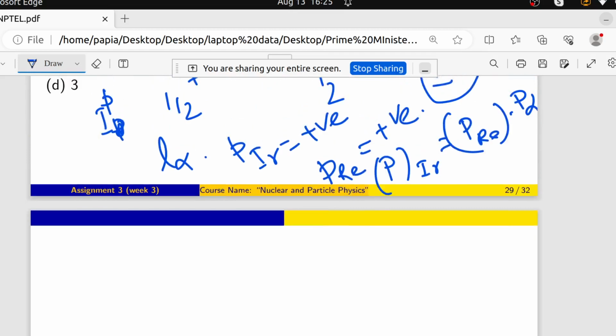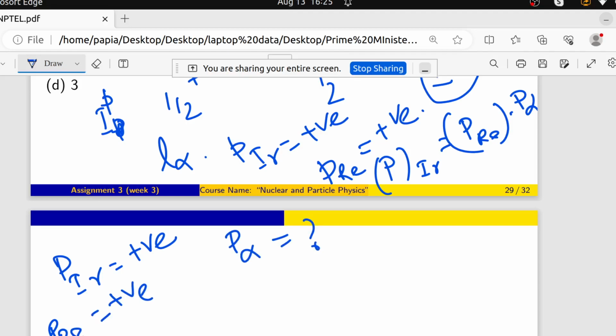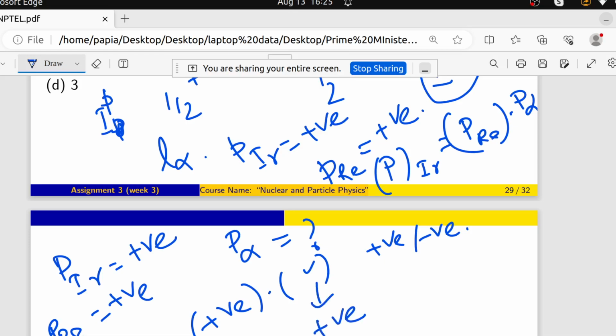So we can see here that P of IR was positive and P of RE was positive. P of alpha is what? On the right hand side positive is there, on the left hand side positive times something. So something will be what? Either positive or negative. As the left hand side is positive, obviously the right hand side should be positive. Otherwise, if it is negative, then positive times negative will become a negative value, so it will not be possible, right? So the parity of alpha should be positive.